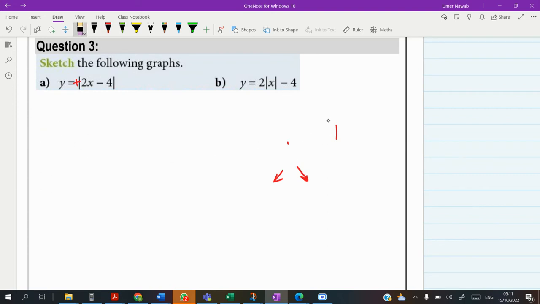So to draw the absolute functions, you must see the sign written behind the bars. So that is positive. In both cases, it is positive. So the shape is upward.